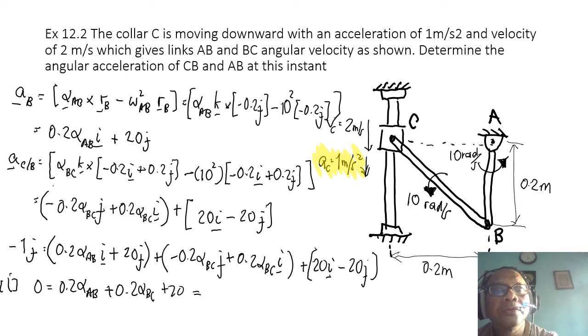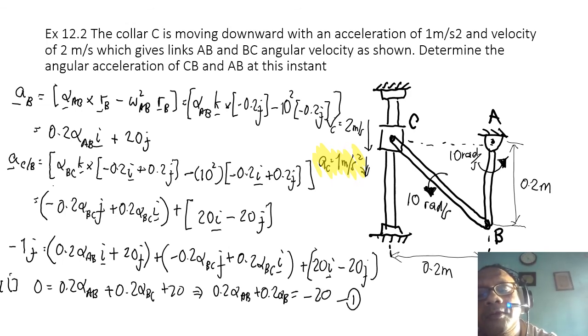So we have 0.2 alpha AB plus 0.2 alpha BC equals minus 20. So that's our first equation.